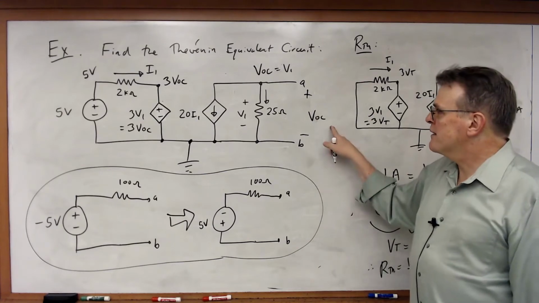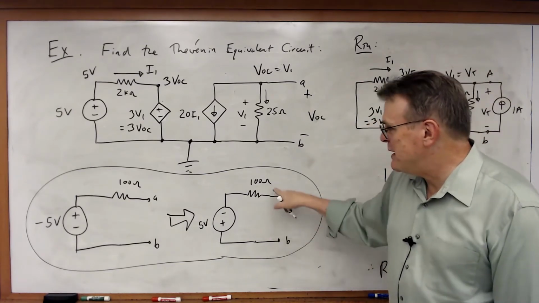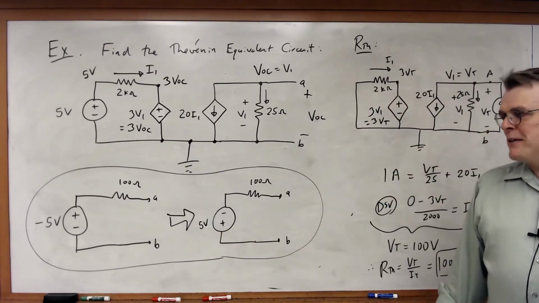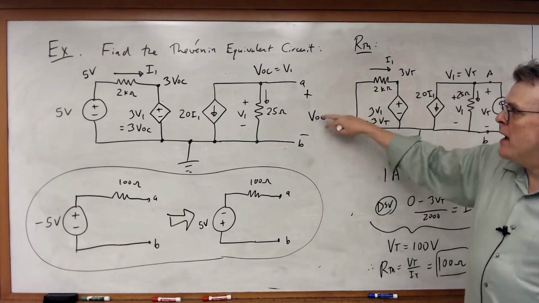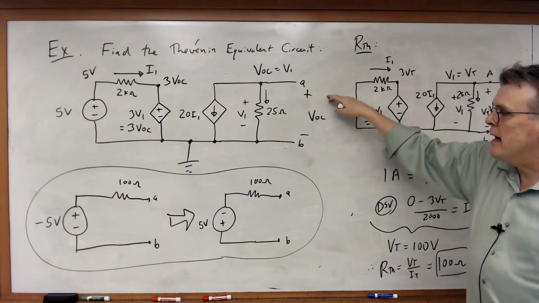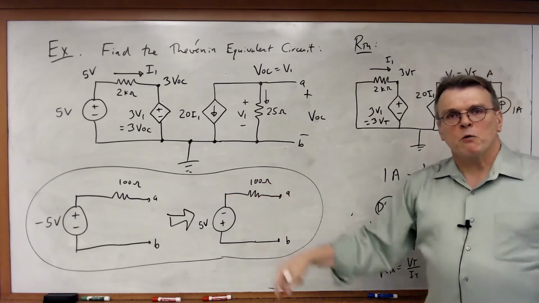If you did that, you would get 5 volts from B to A. So in this case, it doesn't matter how you define the output VOC, the open circuit voltage, whether it's A to B or B to A, you're going to get the same circuit either way. It can be transformed into the other.